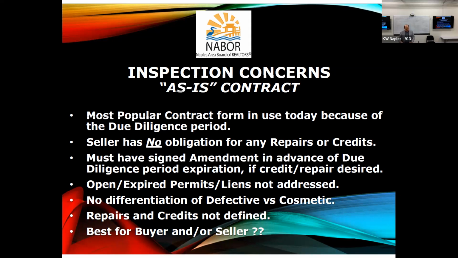But 164 and 188 are where your buyer is going to decide whether they're going to designate the closing agent and pay for title or whether the seller is going to do it. In Lee County, it's typical that the seller picks and pays. In Collier County, it's typical that the buyer picks and pays. I will submit to you that buyer picking and paying is the best possible solution for the buyer.